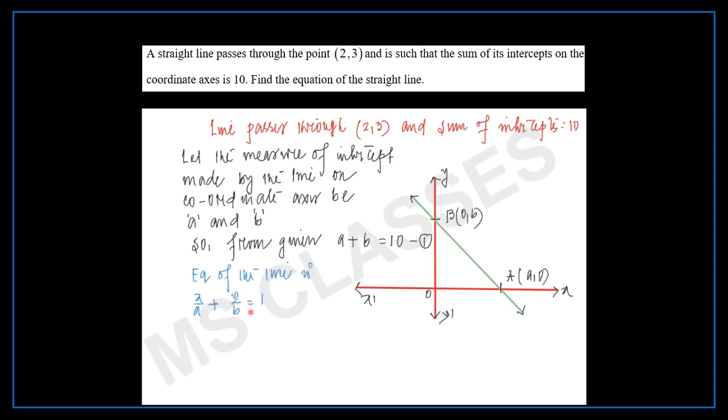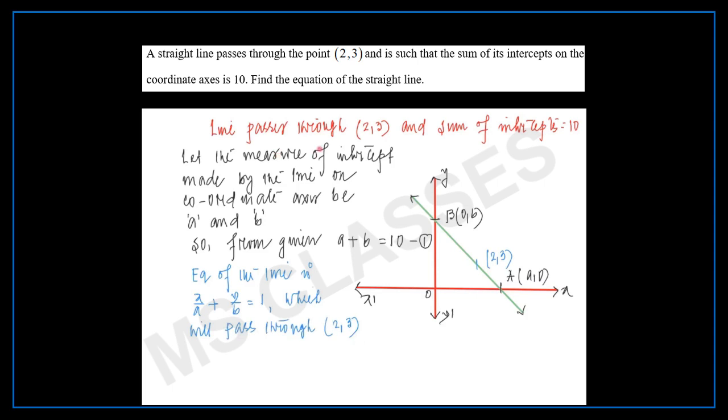Now this line is passing through the point (2, 3), because it is given in the question.